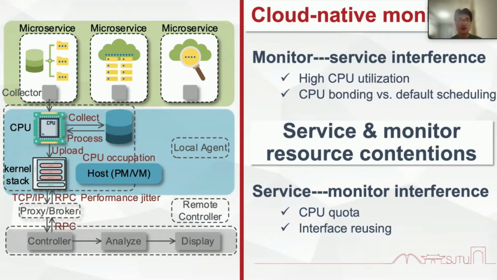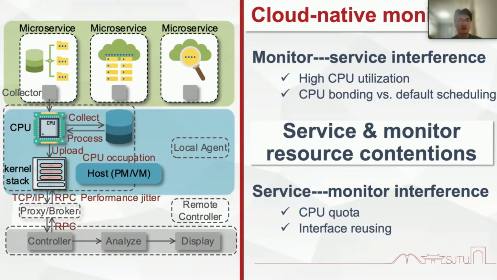First, enabling monitors causes jitters of online services, especially during shopping festivals with high loads, because monitor and service processes may be scheduled to the same CPU core, with CPU binding or with the default CPU scheduling policy.